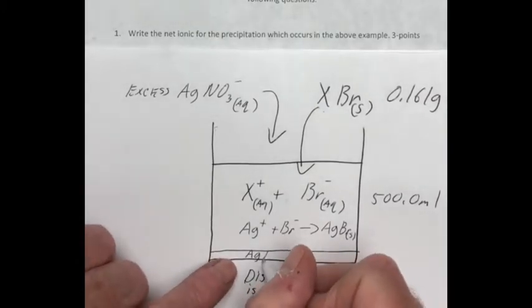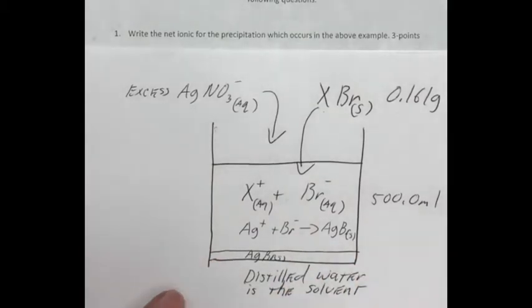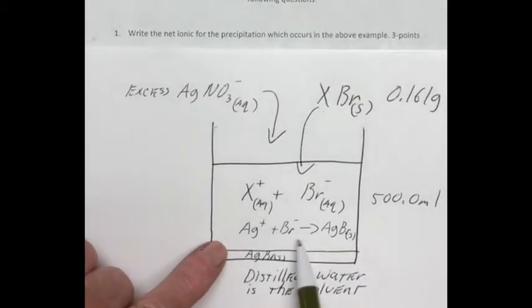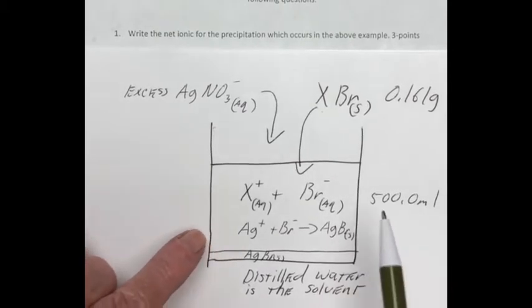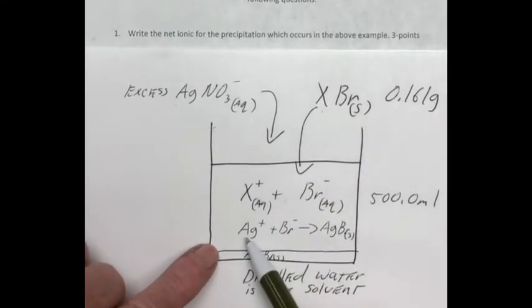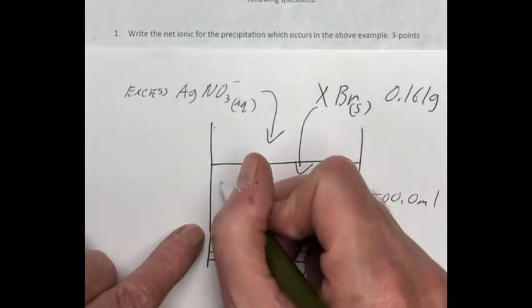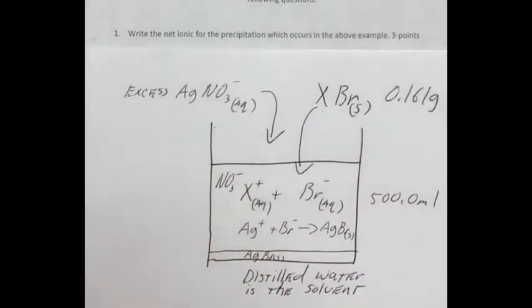So AgBr solid is going to be produced. Here, this is the net ionic for the reaction. Again, we've got the silver nitrate being added. It's releasing numerous silver ions, and don't forget that nitrate ions are also going to be present, so let's make a note of those.